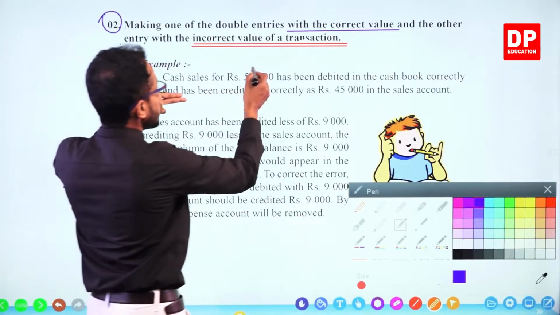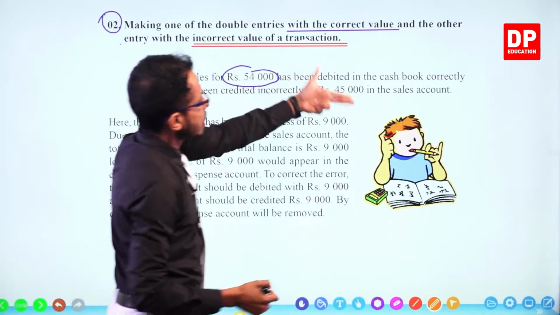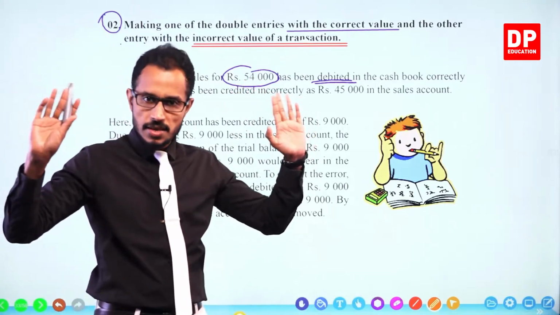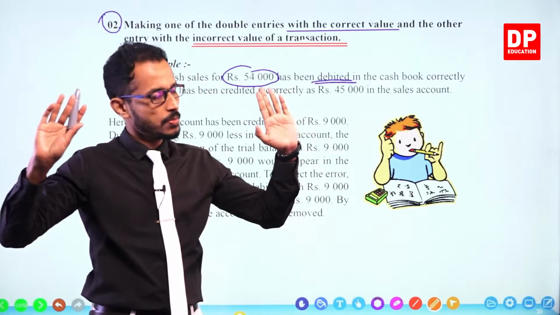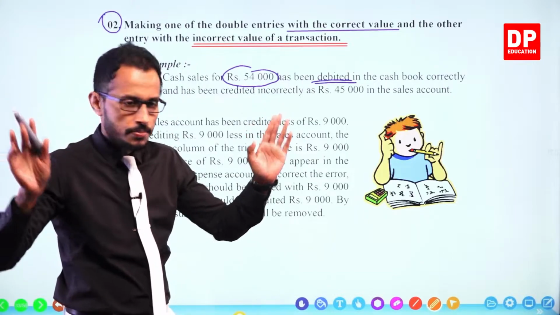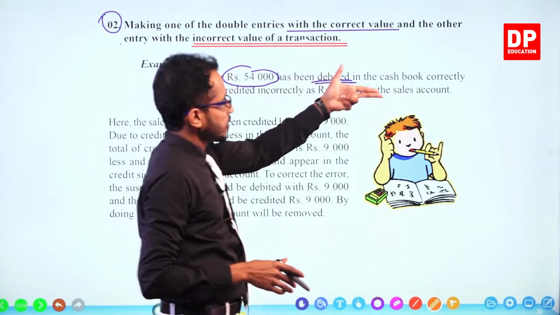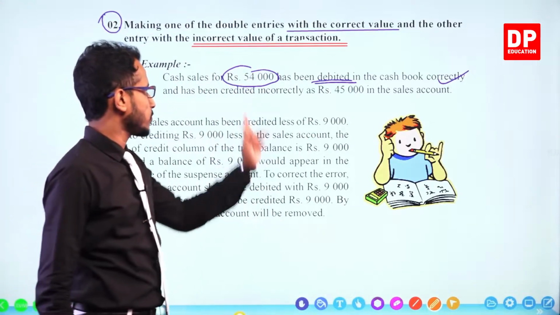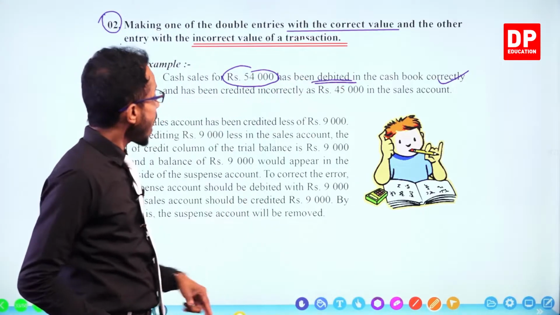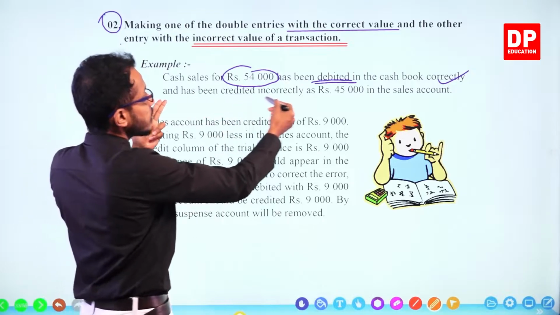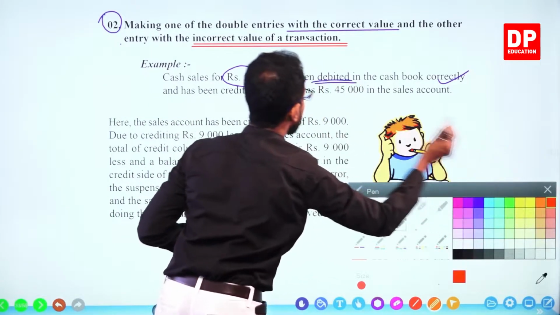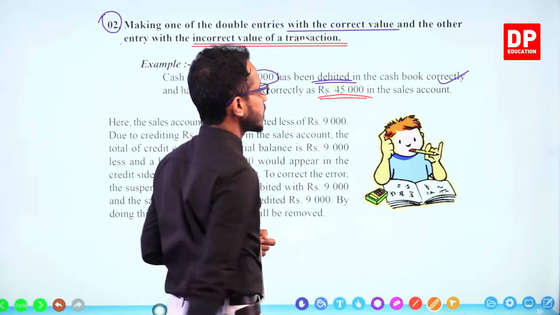Example, cash sales 54,000 has been debited. No problem in that. Debit entry is correct. It has been debited in the cash book correctly, 54,000. But it has been credited as 45,000 in the sales account.